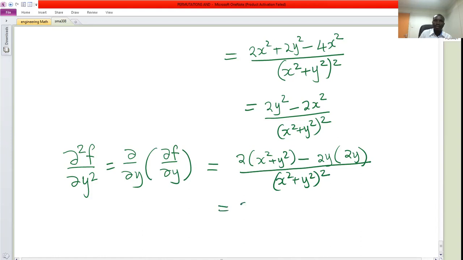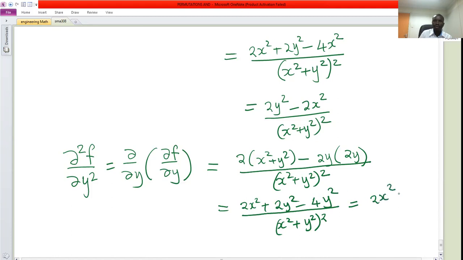Now when you simplify, you get 2x squared plus 2y squared minus 4y squared divided by x squared plus y squared, squared, which gives 2x squared minus 2y squared, over x squared plus y squared, squared.